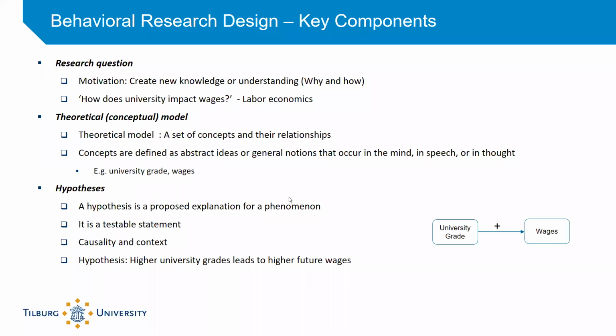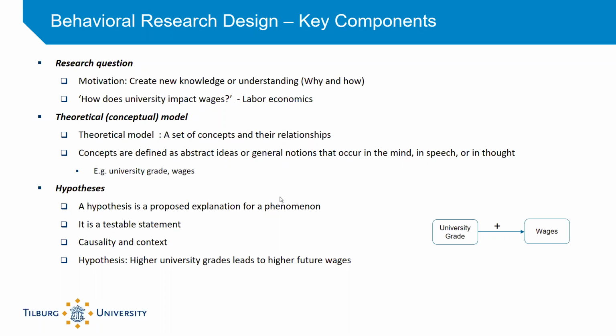The second important component of behavioral research is the theoretical or conceptual model. A theoretical model is basically a set of concepts and their relationships. By concept, I mean general or abstract ideas that occur in a thought. So, for example, if someone says, what is a four-legged thing that moves around, it has a head, it has a tail, and it has pointy ears, in our minds we have conceptualized this as probably a cat.